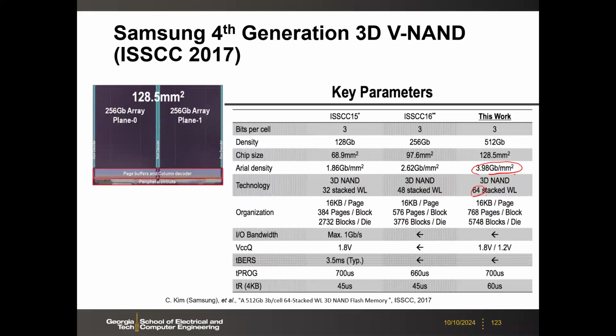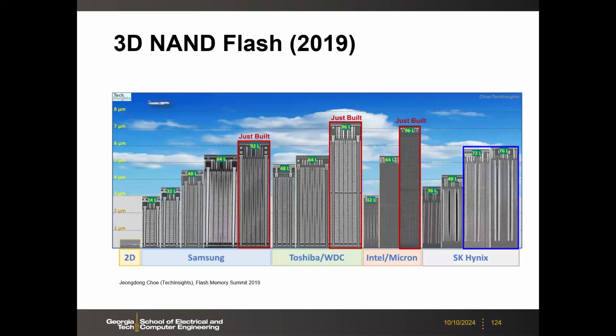So then, I would say from 2014 to 2017, Samsung led the industry. There are almost no competitors in this space. The other companies ramped this up later, maybe 2017. Then other companies also followed.